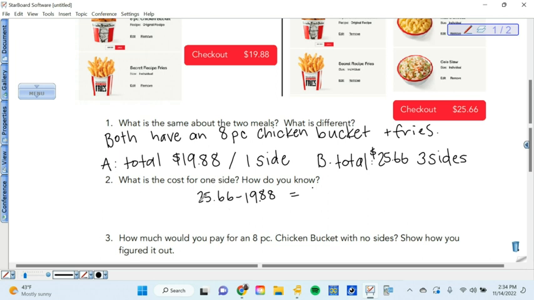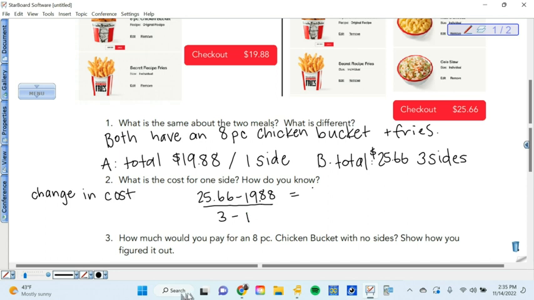This is, so 25.66 minus 19.88, that's the change in the cost of the meal, right? The difference in the cost of the meal. Change in cost. And you divided it by 2. Isn't that the difference between the number of sides?